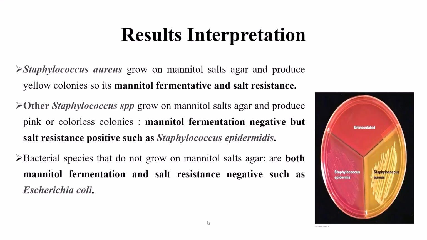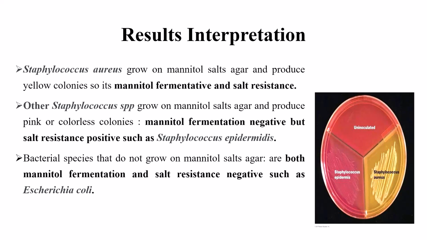We have the interpretation of the result. Staphylococcus aureus can grow on mannitol salt agar, can produce yellow colonies as a mannitol fermenter, and can resist the high salt concentration.